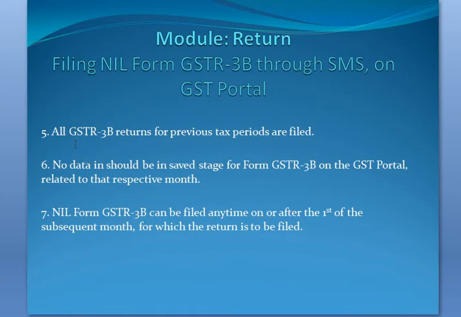The fifth condition is that all GSTR 3B returns for the previous tax periods are filed. Until and unless you have filed for the previous period, you cannot file for the current period. You have to file the previous period. Once all the previous periods have been filed, the current period can be filed through SMS.